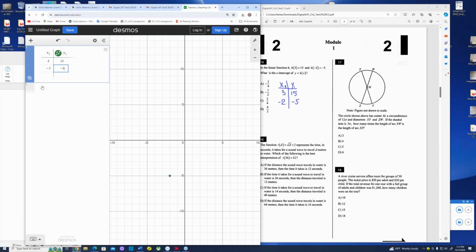Well, now you have to find a relationship between this, right? How to find a relationship? Type here y1 actually.